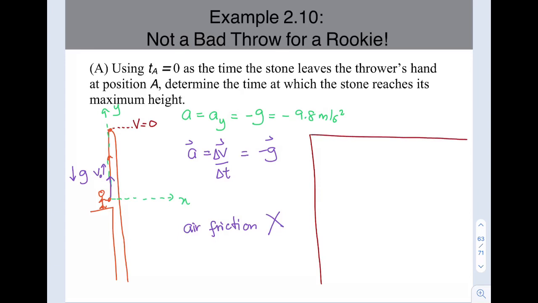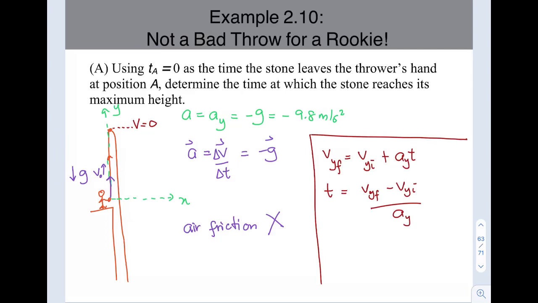So Vy final is equivalent to Vy initial plus Ay t. So T is equivalent to Vy final minus Vy initial divided by A along Y.